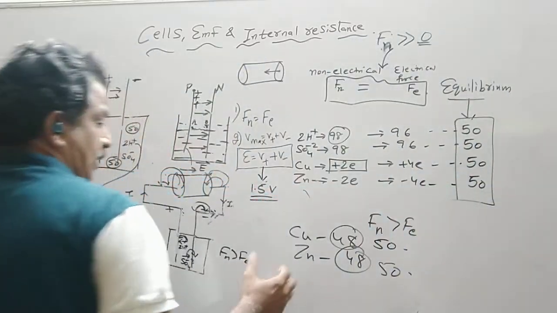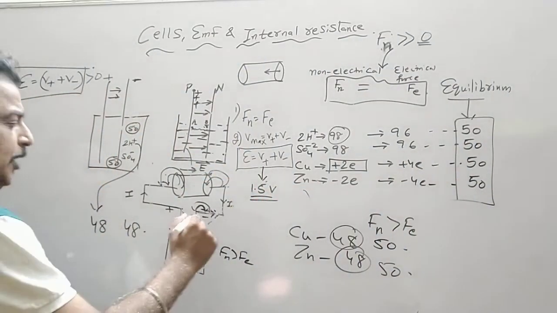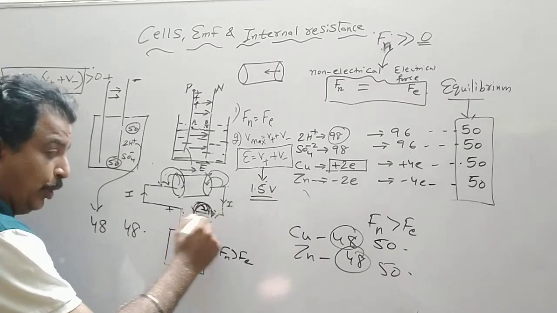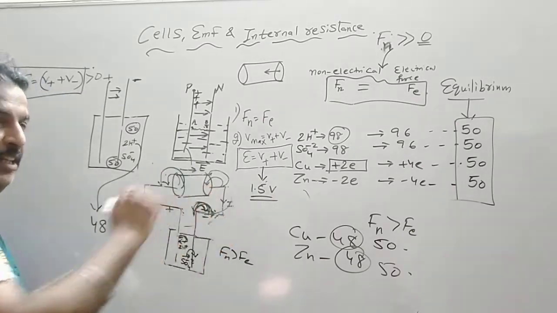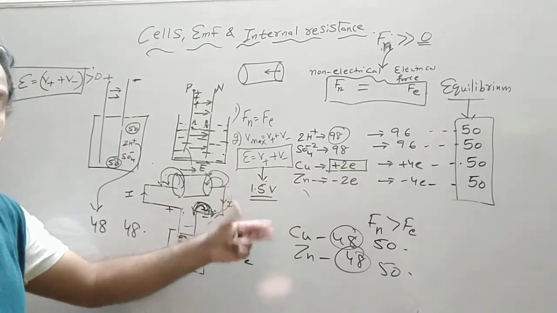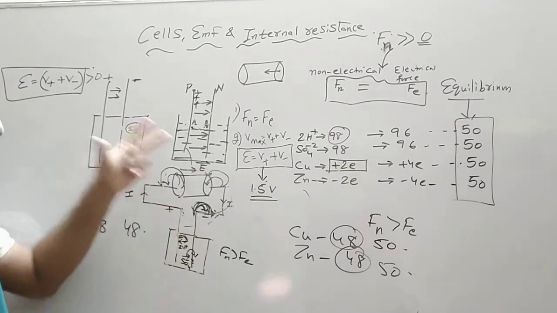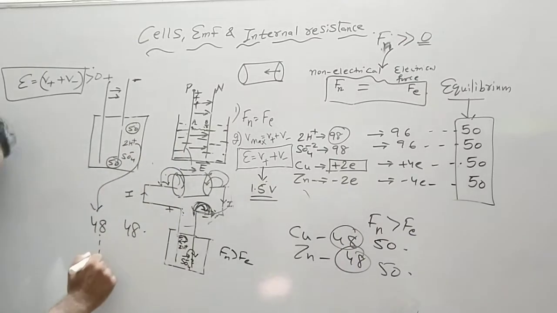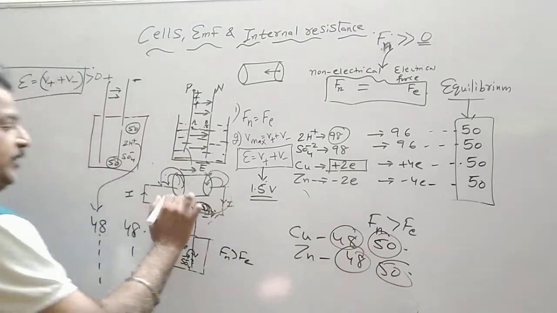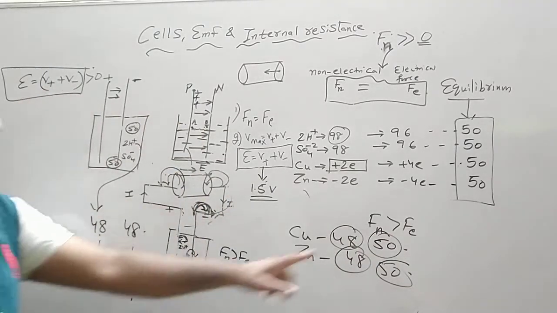So this process continues. Then another 2 electrons. The flow of electrons is very fast, not like 2 electrons will come out, 2 will go in. But what I am trying to explain to you is that this number will keep on decreasing. They will maintain a steady current. They will always remain at 50.